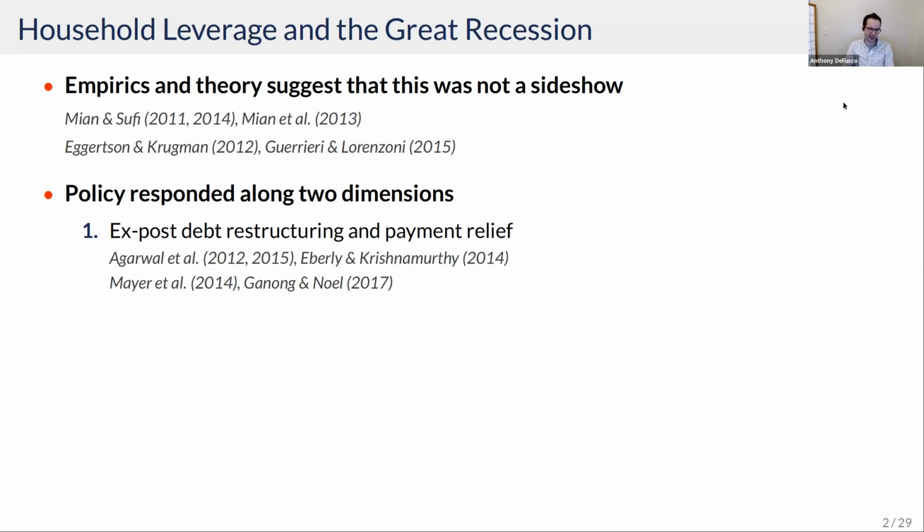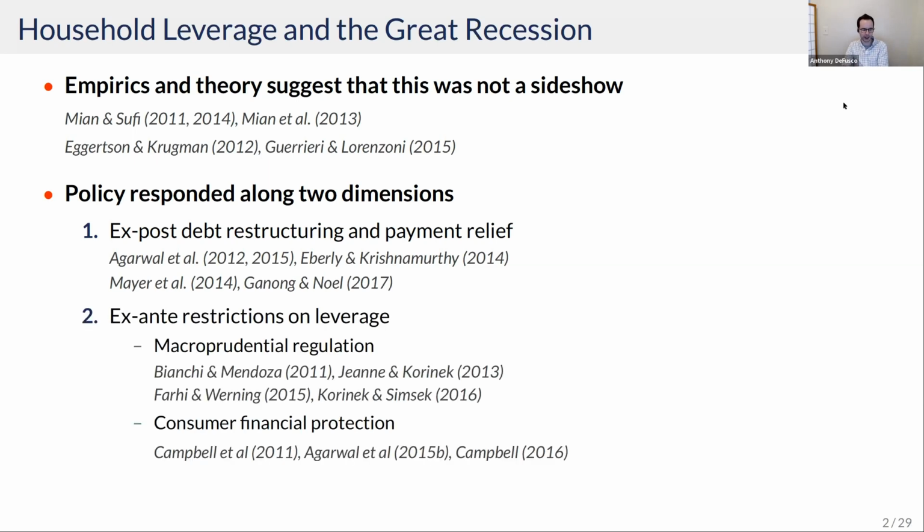These are things like HAMP and HARP, which Pascal, who you saw in the last session, has a paper on. That was one part of the policy response. But a second part was to take a more forward-looking ex-ante perspective and say, well, if we think that all this debt got us potentially in trouble, maybe there's a policy justification for limiting the amount of debt that households can take on up front.